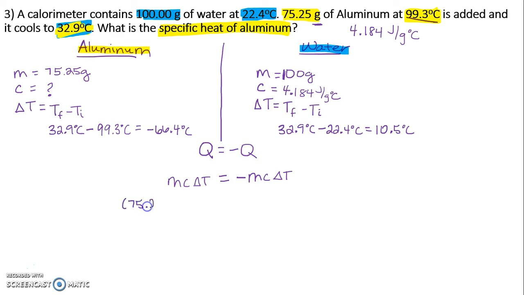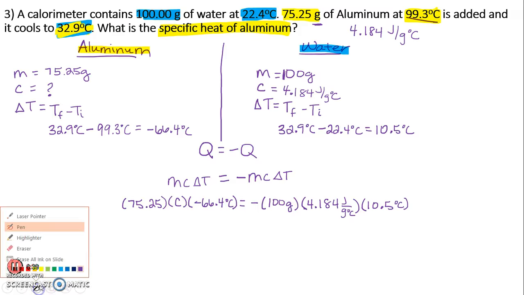I've got 75.25 times my C, which is unknown, times negative 66.4 degrees Celsius, equals negative, my m on this side is 100 grams, C is 4.184 joules per gram degree Celsius, and my delta T is 10.5 degrees Celsius.